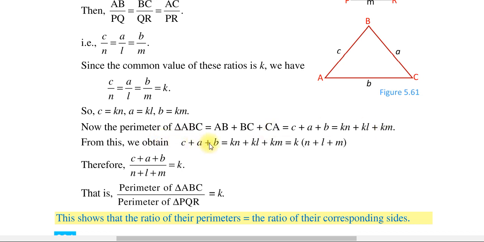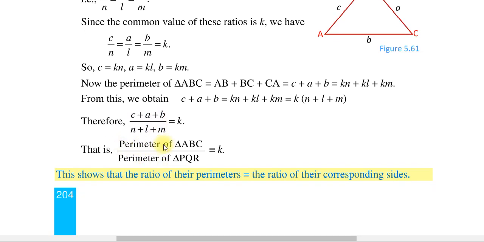From this we obtain C plus A plus B is equal to Kn plus Kl plus Km, and taking K as common, we write N plus L plus M. Therefore, C plus A plus B over N plus L plus M is equal to K. Dividing by N plus L plus M, K remains. So K is the ratio of the two, and the perimeter of triangle ABC over the perimeter of triangle PQR is equal to K. This shows that the ratio of their perimeters is equal to the ratio of their corresponding sides.